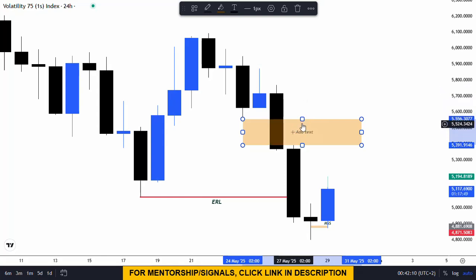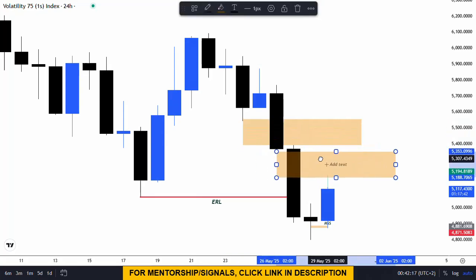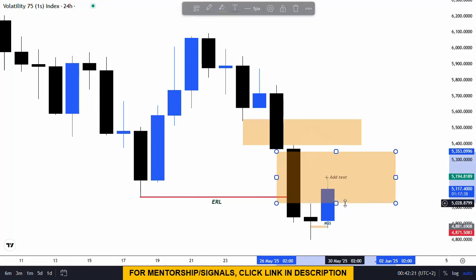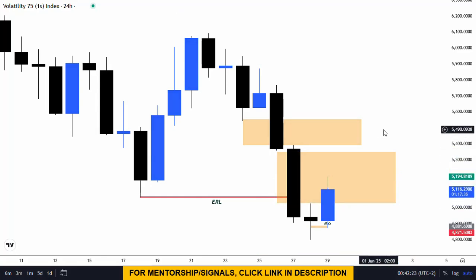Okay, so that is our first fair value gap, and then we have another one down here. Okay, that's our fair value gap. So price already took out external range liquidity, and it is already in internal range liquidity.